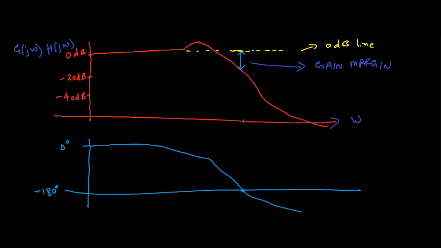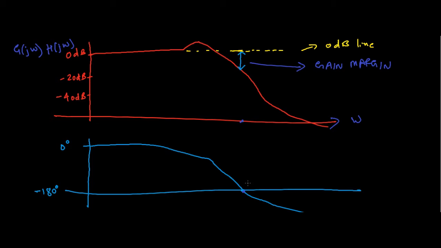Let me repeat again: gain margin is the amount of gain increase or decrease, in our case increase, at a frequency where the phase angle is minus 180 degrees. So that is the simple definition of gain margin.